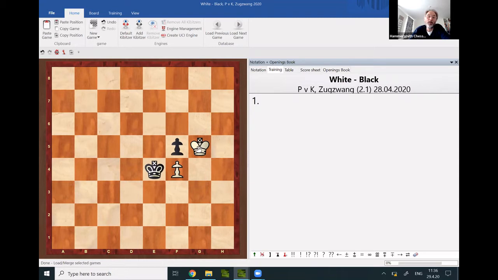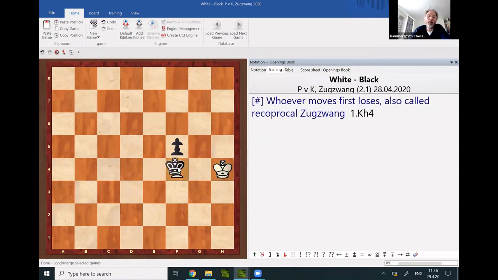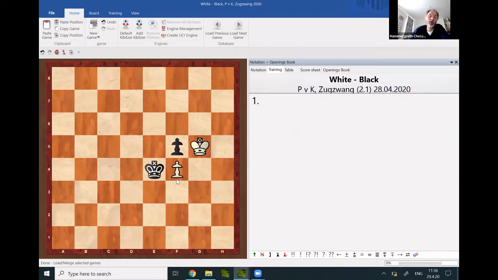So when you have to move your king, it will lose contact to your own pawn. If white has to move, then black will win the pawn and will win the game. If in this position it were black to move, black would lose contact to f5 and would lose the pawn and the game. So this is zugzwang or reciprocal situation.